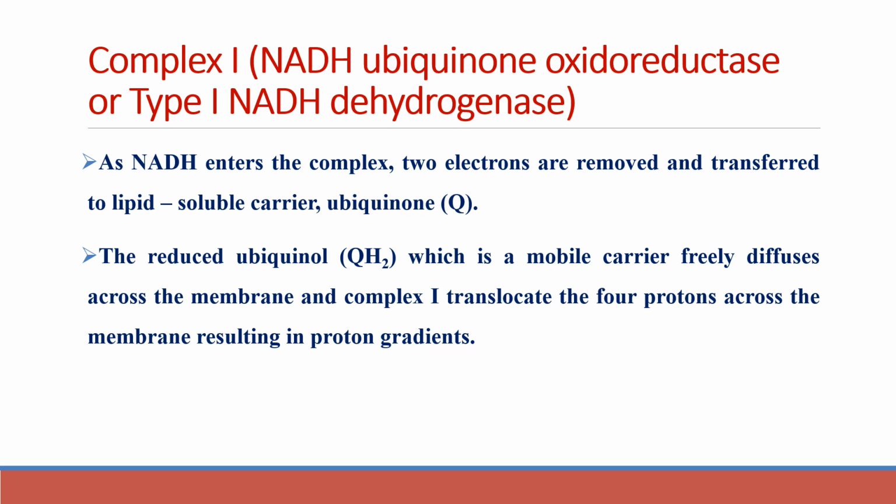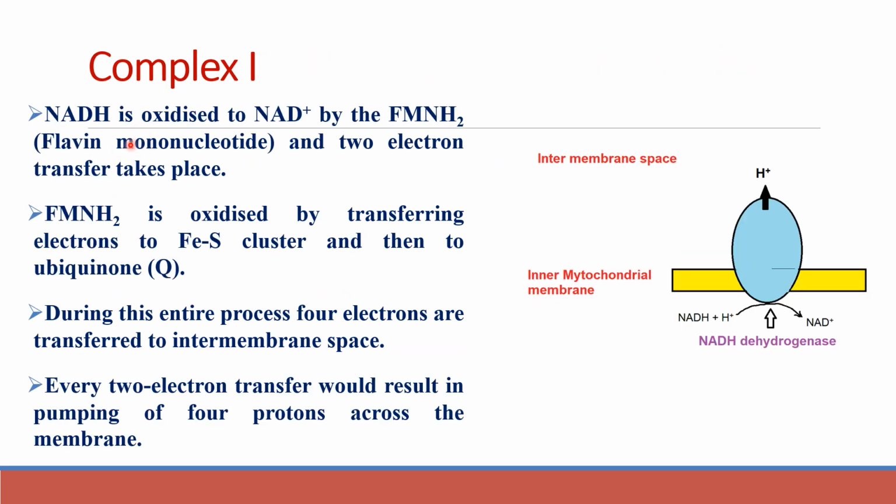NADH is getting oxidized back to NAD plus because the electrons are transferred by FMNH2, and the 2 electron transfer takes place. FMNH2 is oxidized by transferring electrons to the iron sulfur carriers present here, and then to ubiquinone. During this entire process, 4 protons are being pumped into the intermembrane space.